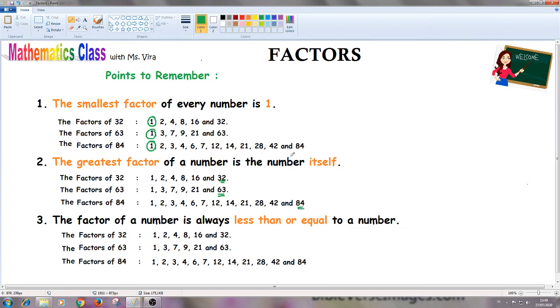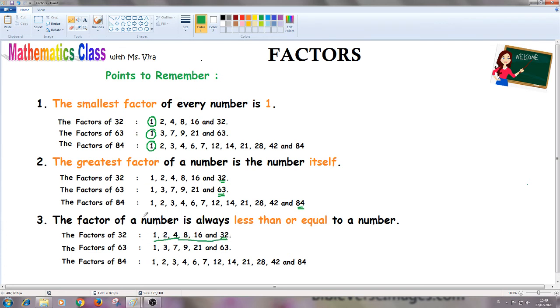Okay, now the third point that you need to remember is the factor of a number is always less than or equal to the number. Again, the same thing, I made a list already. The factors of 32, 1, 2, 4, 8, 16, and 32. They are all less than 32 or equal to 32.